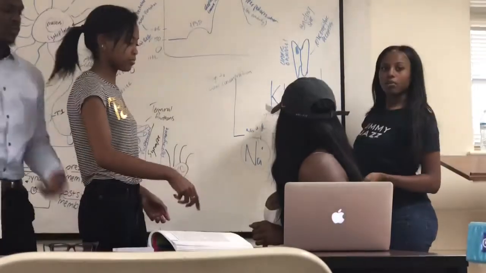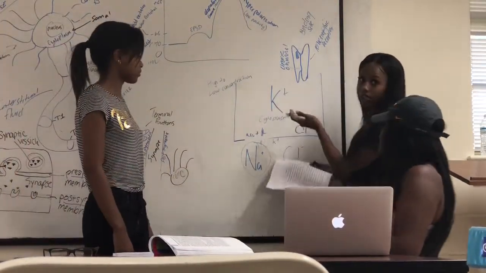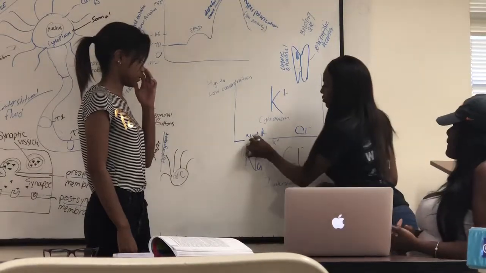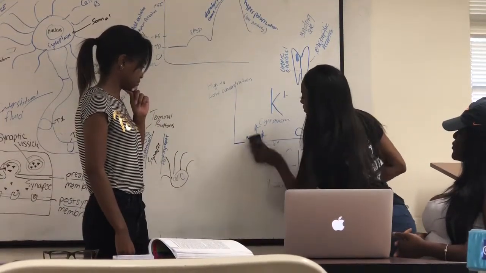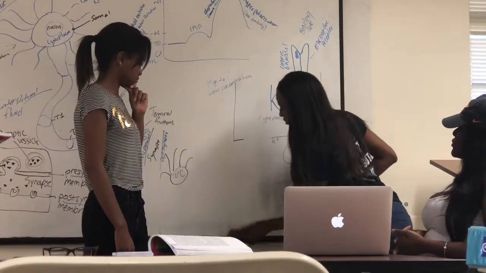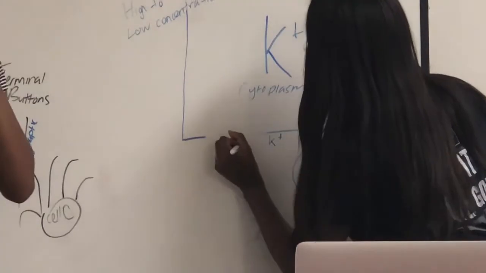The cell wants to become more positive, and it's more positive on the outside than it is on the inside of the cell. So once sodium moves into the cell, it reaches equilibrium.